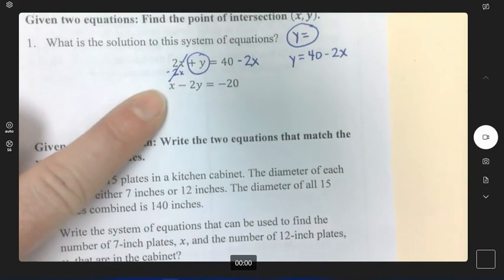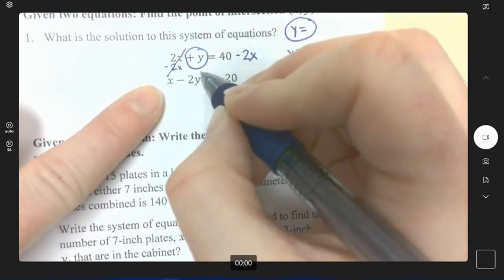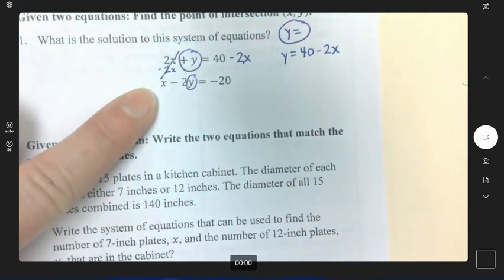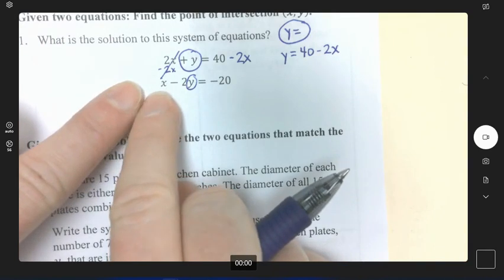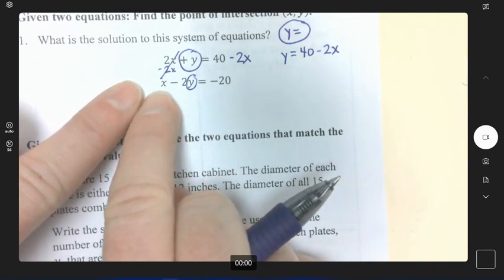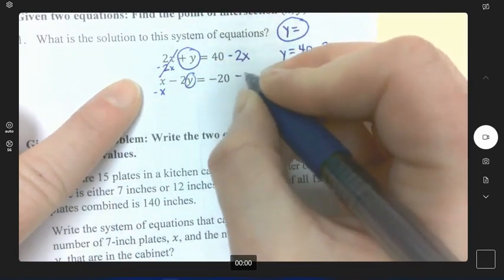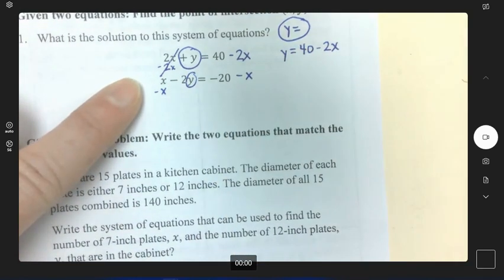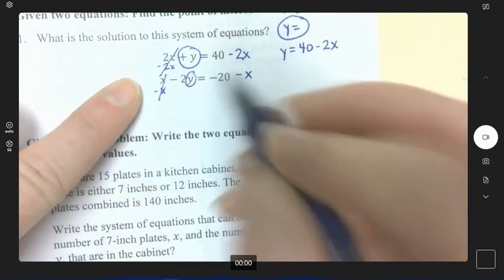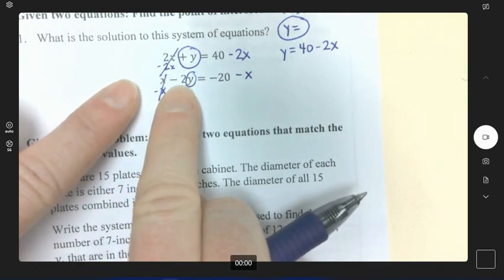Okay, let's look at the next one. We want to get y by itself. I'm just going to circle the y. So I need to move this x to the other side. It's a positive x, so I do the opposite, negative x. Whatever I do to one side, I have to do to the other. Those cancel out, and I still have a negative 2 over here.